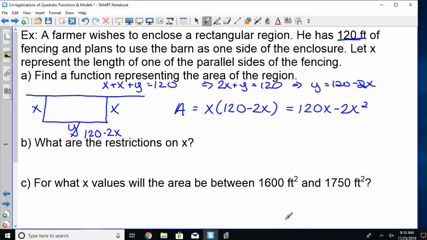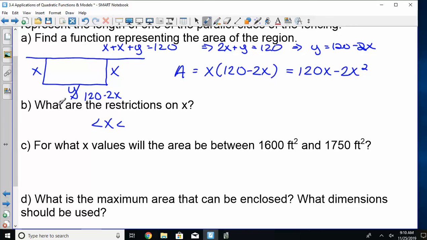Part B, what are the restrictions on X? I'm asking you what numbers does X have to fall between? What does that have to be bigger than and smaller than? If X is this length, it has to be bigger than what number? 0. Okay. Could X be 100? Seems reasonable, right?